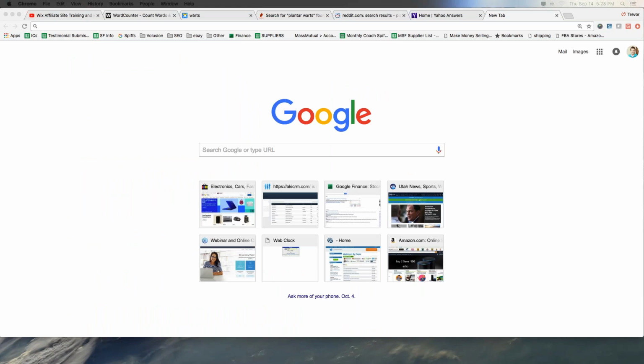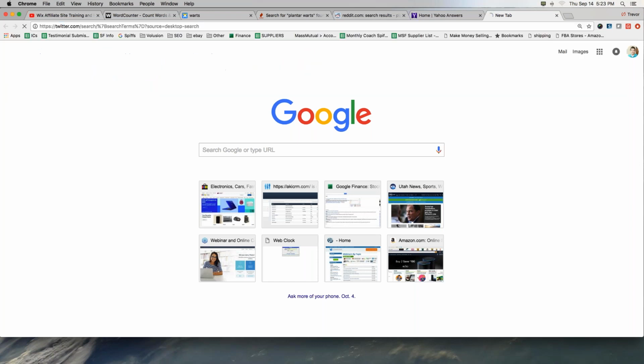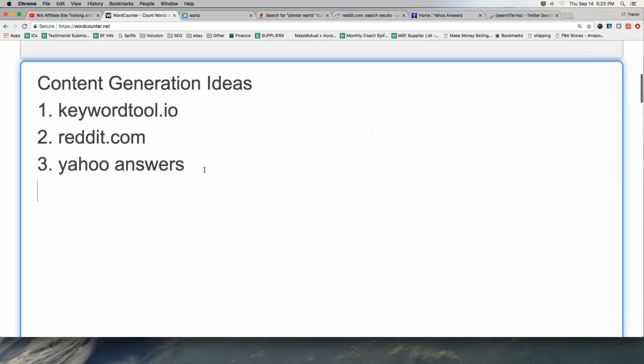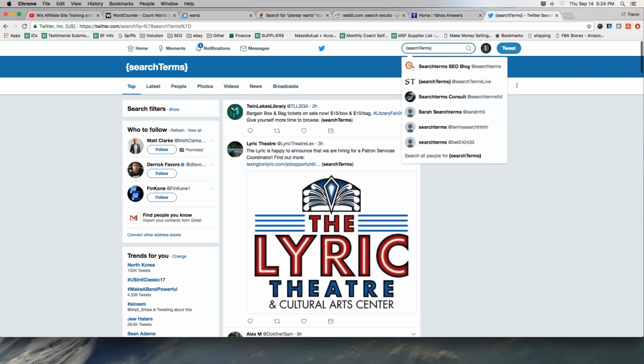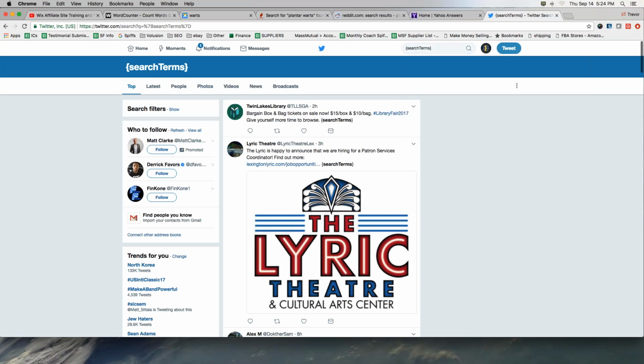Any of these would work, but I'm just going to call this social media, and we'll say Facebook, Twitter, Instagram, Pinterest, etc. Like the major social networks. You can use hashtags. Now, how many of you guys use hashtags or understand what those are? You hear people talk about them, and they're used all the time. Hashtags are simply a way to categorize content that's out there in social media.